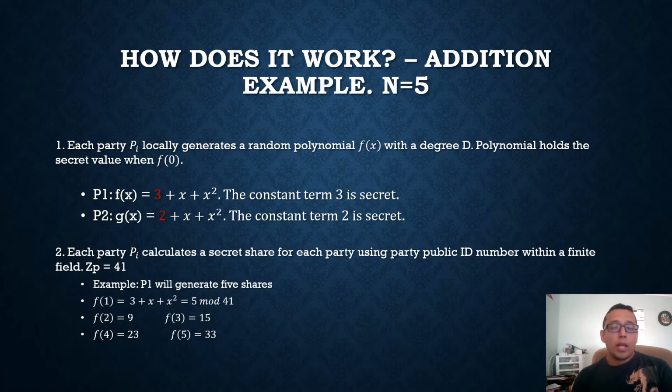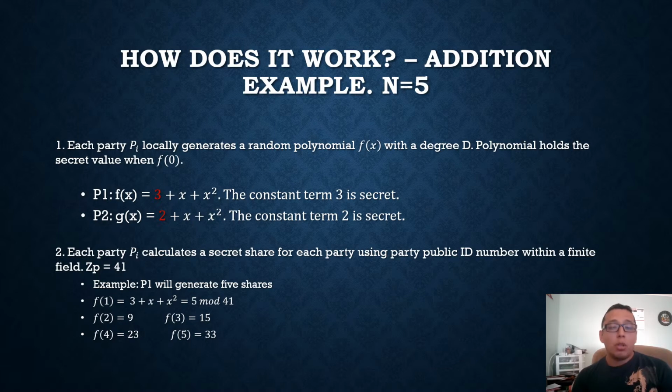If we apply party 1 on the f function, we get 5. If we take the party 2 ID number, which is 2, on the f function, we will get 9, and so on.